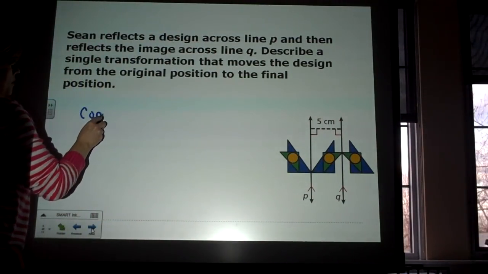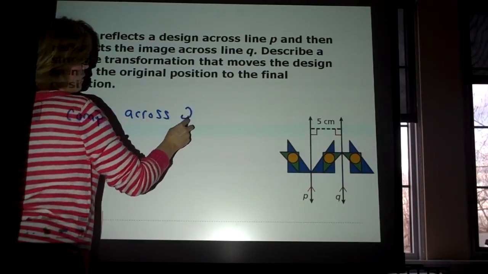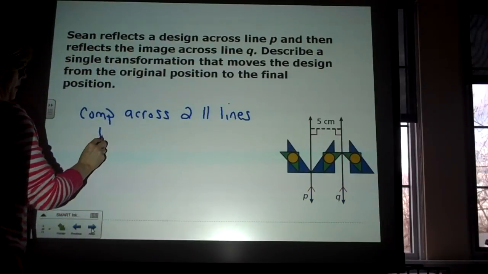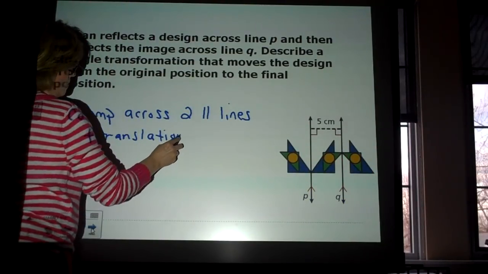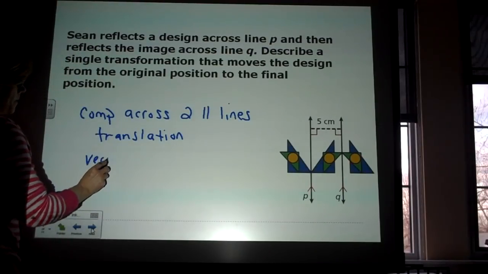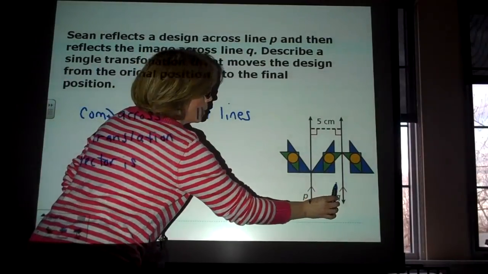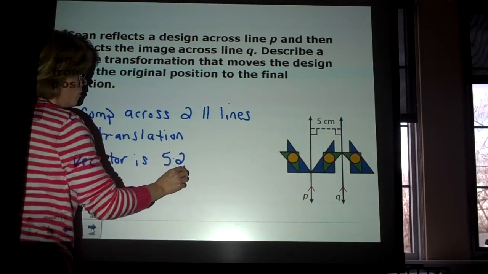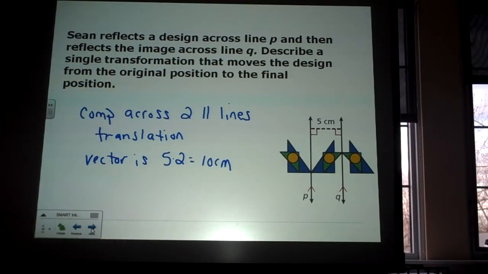So the composition across two parallel lines is a translation. Okay, we want to know the distance of that vector. So the distance between the two parallel lines is 5 centimeters, and you double it. So it's 10 centimeters.